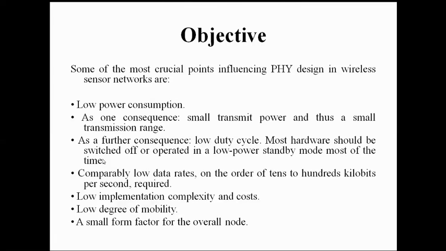It also has low implementation complexity and cost, it must have low degree of mobility, and it also has a small form factor. These are all the important points we need to consider while designing a physical layer with respect to wireless sensor network.